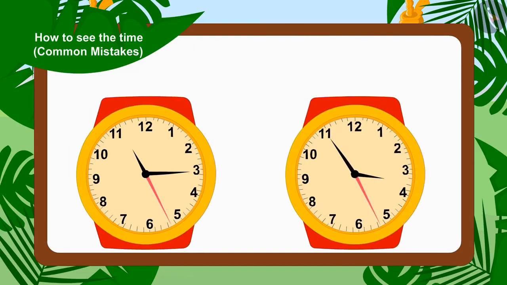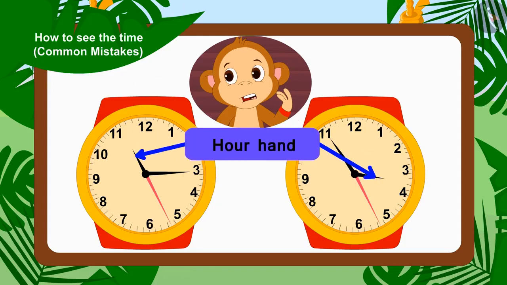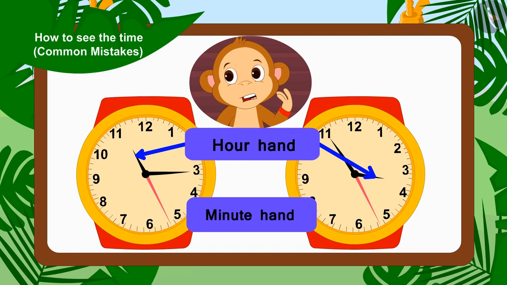Now can you tell by looking at these two watches what mistake has Babban made? Yes, Babban replaced the hour needle with the minute needle, and the minute needle was replaced by the hour needle to see time in the watch.